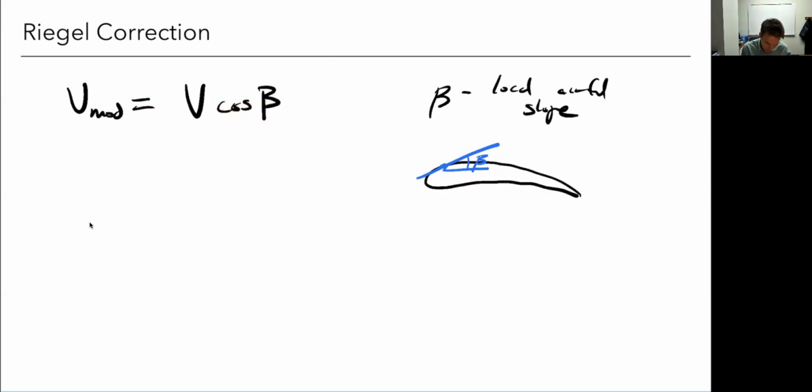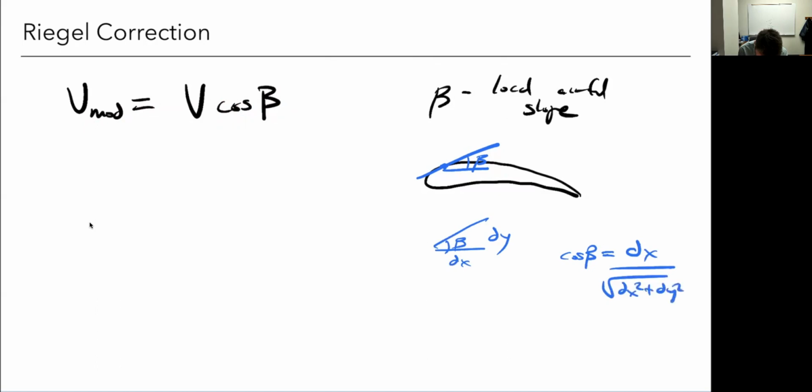So if I was to expand this, let me draw this in terms of the variables that we're actually computing. This is beta, this is dx, dy. So the cosine of beta is dx over the square root of dx squared plus dy squared, or that's 1 over the square root of 1 plus (dy/dx) squared.